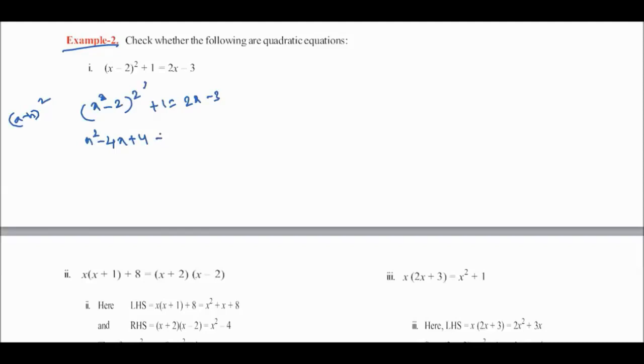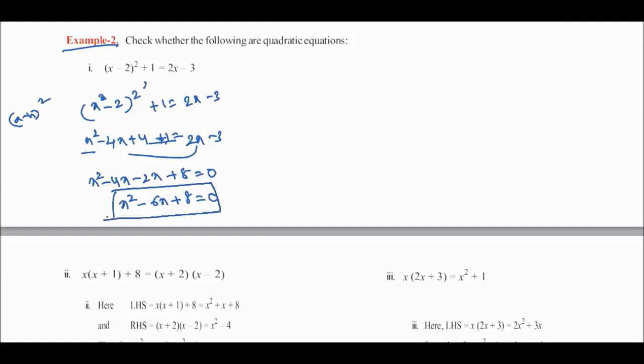So x square minus 4x plus 4 plus 1 is equal to 2x minus 3. Bringing terms across, x square minus 4x minus 2x, and 5 plus 3 is 8, is equal to 0. So x square minus 6x plus 8 is equal to 0 is the answer. So it is a quadratic equation.